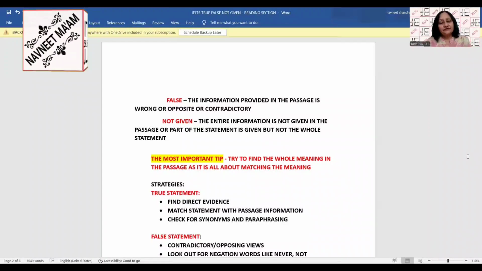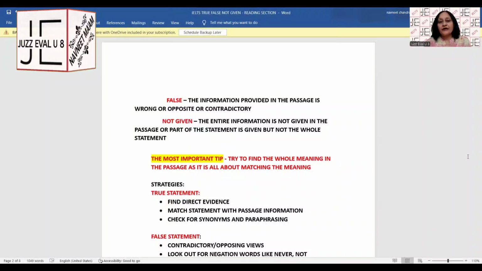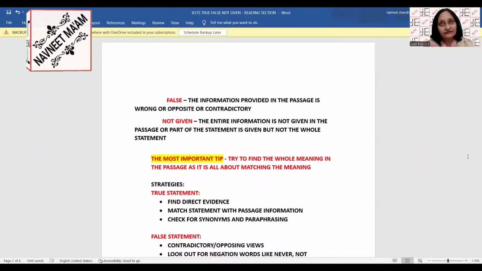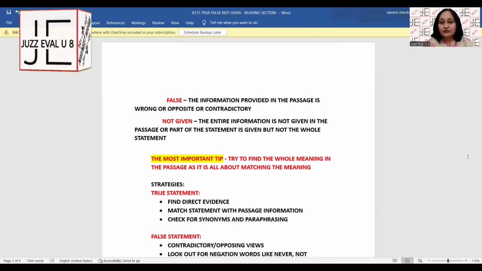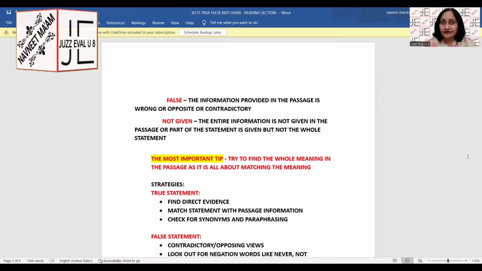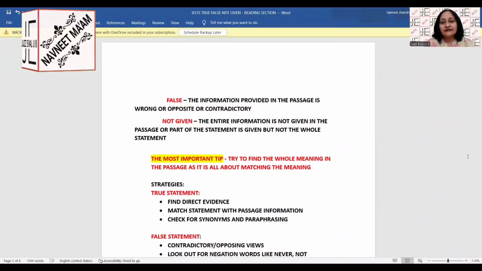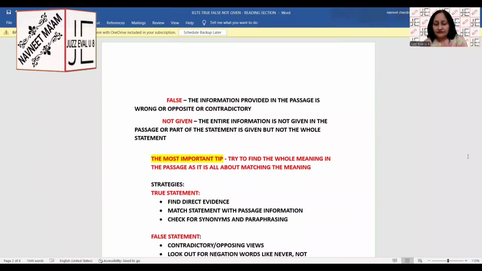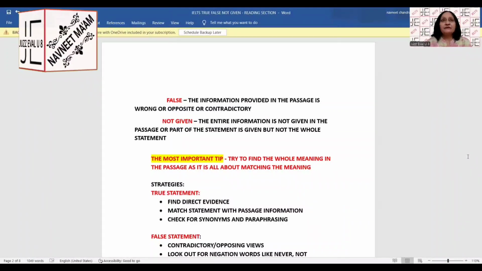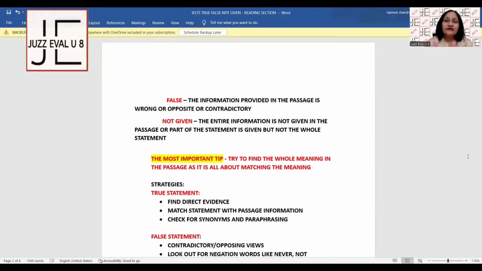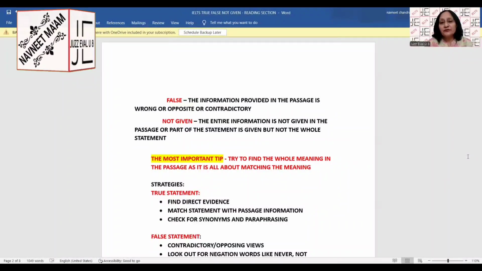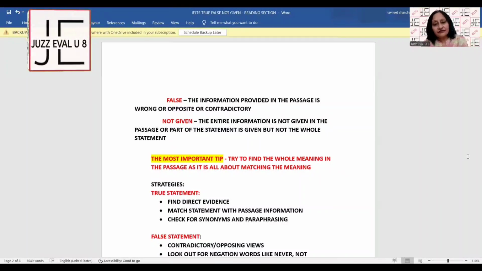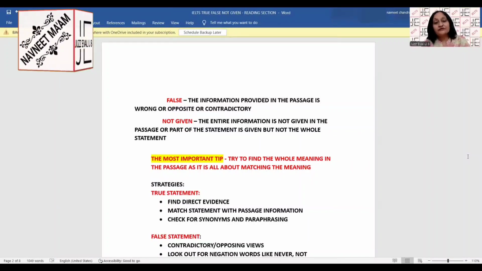So these are contradictory. Now, what is not given? Either the entire information is not given in the passage, whatever we are talking about, that is not given in the passage. Like I say, Sita is going to the market, whereas in the passage it is mentioned Sita is cooking a meal. So that is entirely different. That is not mentioned at all.